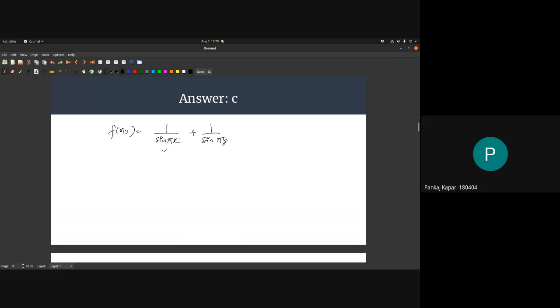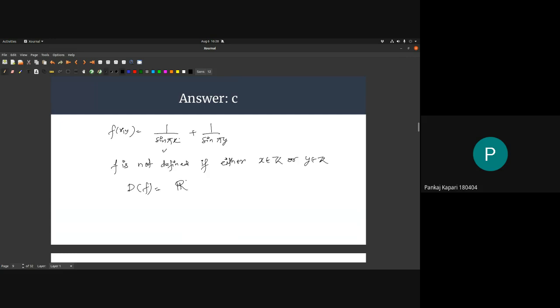So we can say that f is not defined if either x belongs to the set of integers or y belongs to the set of integers, right? So that is the domain of the function. What is the domain of this function?